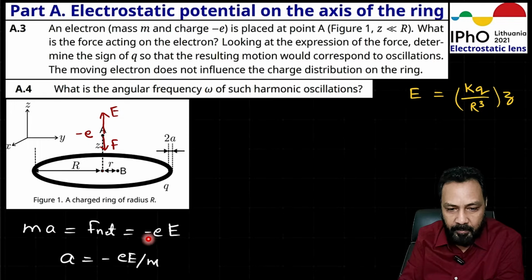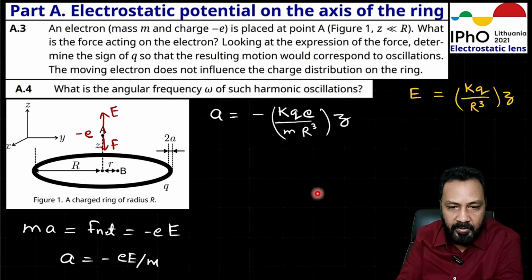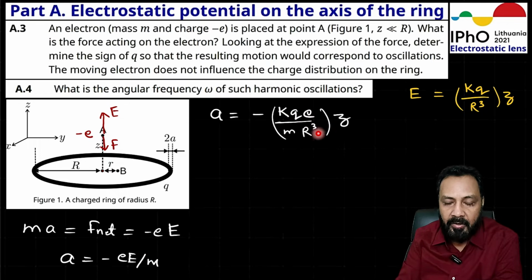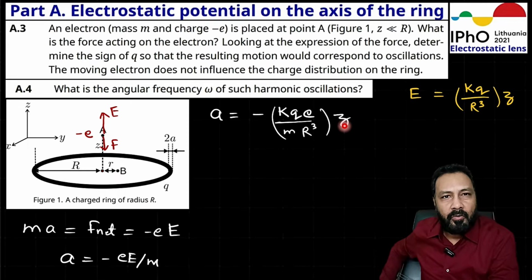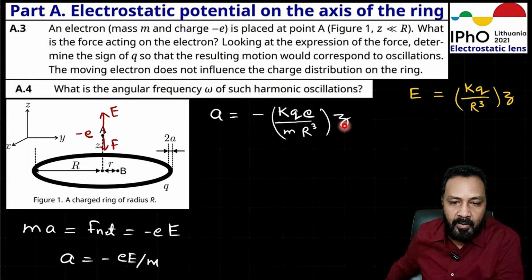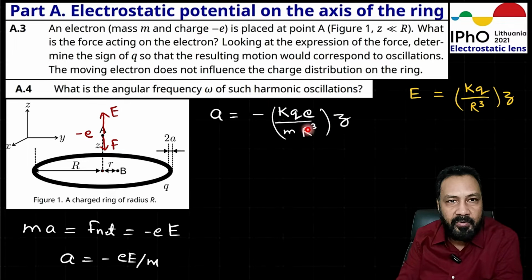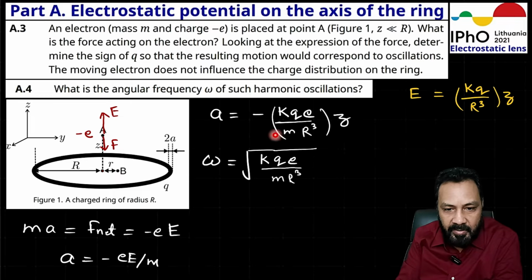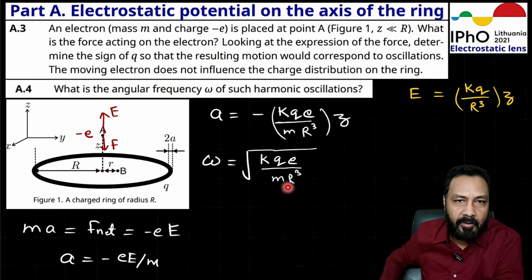So a will become minus eE by m, put the value of electric field, so we get a is equal to minus e by m, and in place of capital E, kq by r cube, into z. So this is of the form a is equal to minus something into displacement, so that is SHM, and whatever is in the bracket is the square of the angular frequency. So we have proved that the motion is SHM, and the angular frequency of this SHM is the square root of kqe by m r cube.